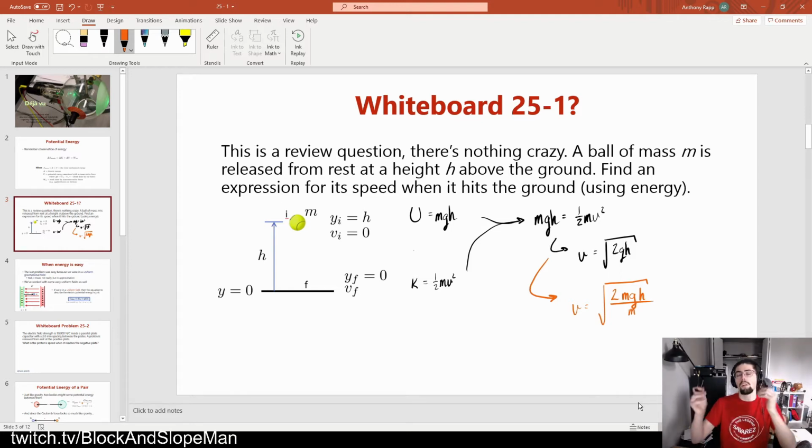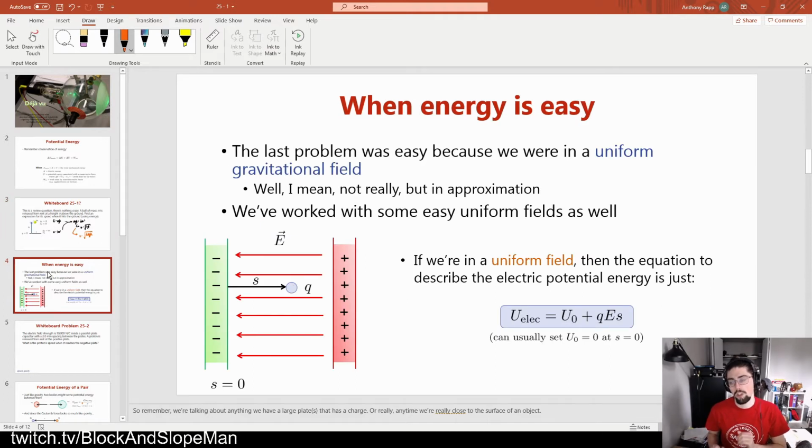So, pull ourselves out of 191, back into 192. We're talking about constant uniform fields, and what does the potential energy look like in there? Remember that we got work in the first place by basically saying, hey, work is anytime I've got force times distance.